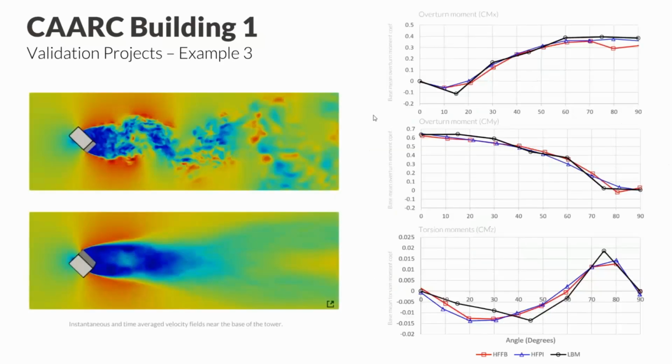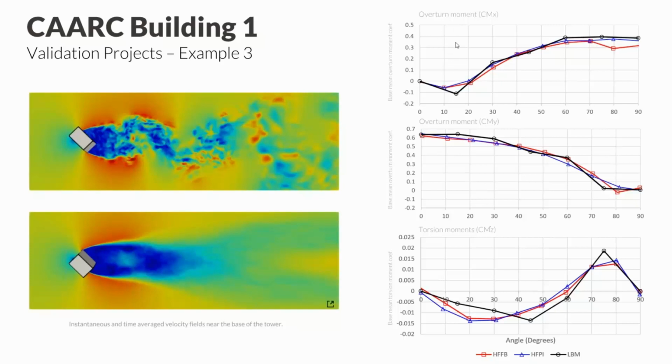So on the left, again, what we expect, we can see an average flow field at the bottom, an instantaneous, transient, or unsteady flow snapshot, if you will, of the velocity field at the top. Oh, and the color scale is missing. Apologies for that. And on the right, the more interesting piece is we can see over the degrees, the 90 degrees of which we rotate the building, the different overturn moments that are acting on the building as a result of the pressure that's acting on the building.